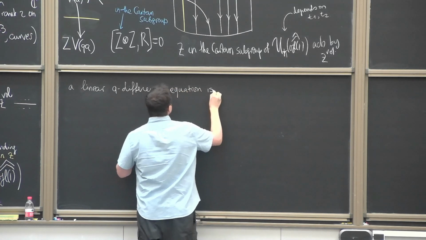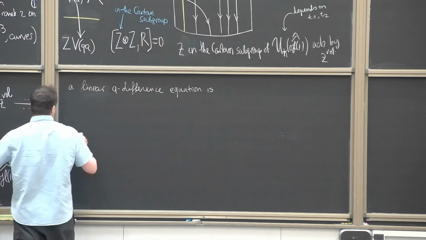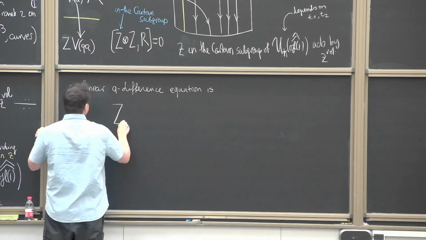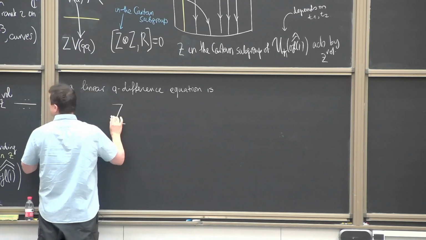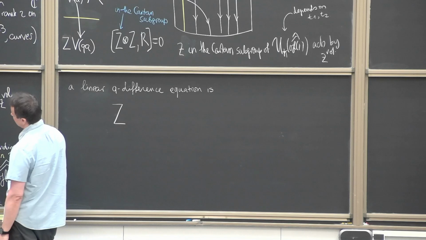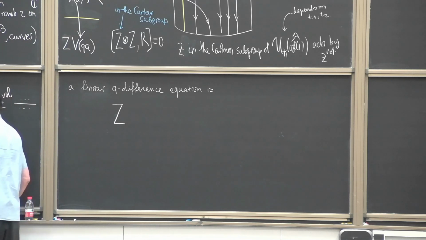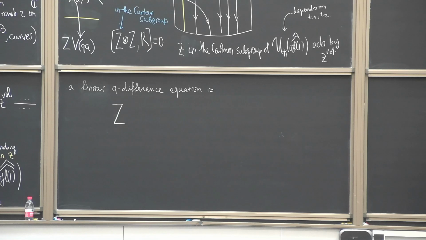The equation is of the form that I have some vector in some space, so I have some vector Z. Maybe that was a bad idea to denote this partition function Z. There are too many Z's otherwise, so let's call it capital psi, like a wave function.